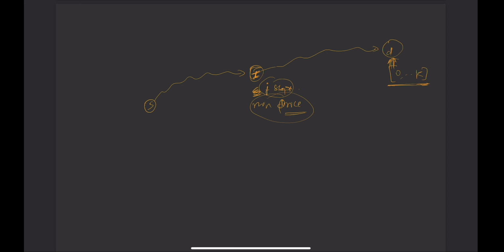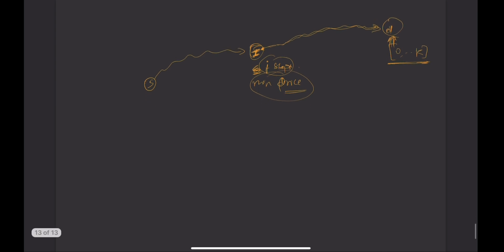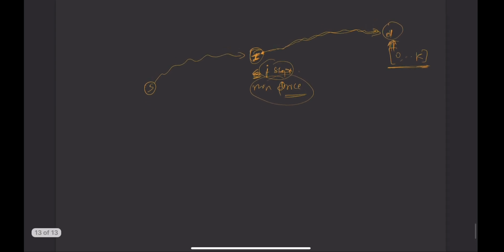Okay, so if I somehow reach it here, then the question is the minimum cost to reach from the ith node to the destination node. Suppose for j steps I know the answer, so k minus j steps from this, which will be the source node.